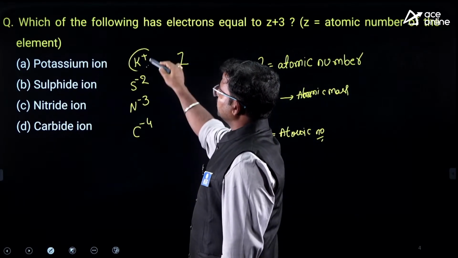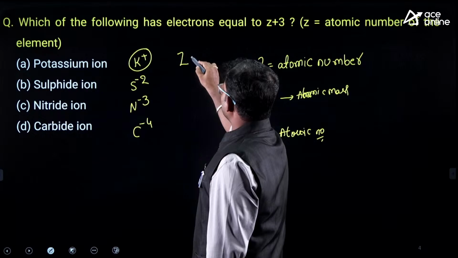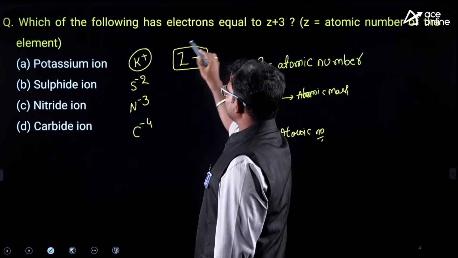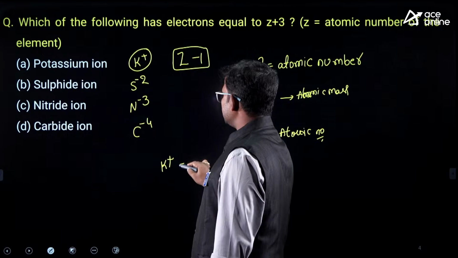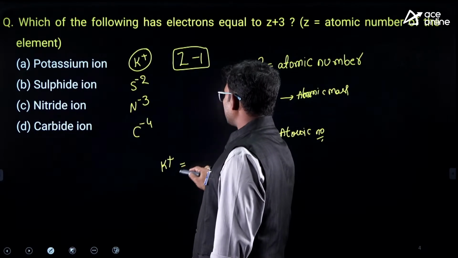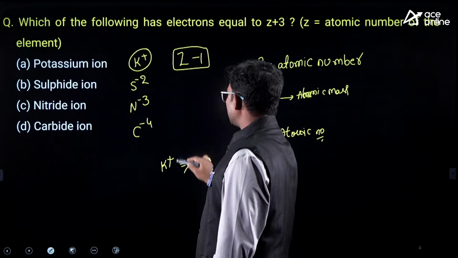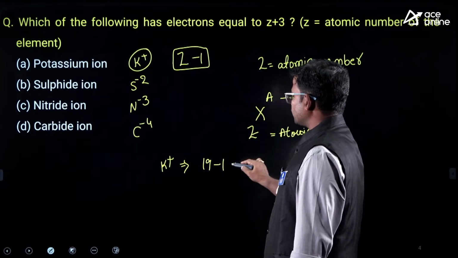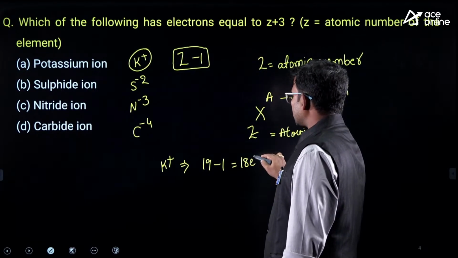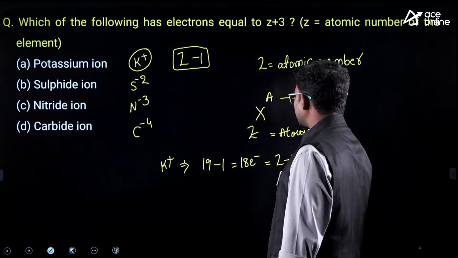K plus means potassium, which has 19 electrons, has a plus charge, so it loses 1 electron. Finally 18 electrons, which means Z minus 1.